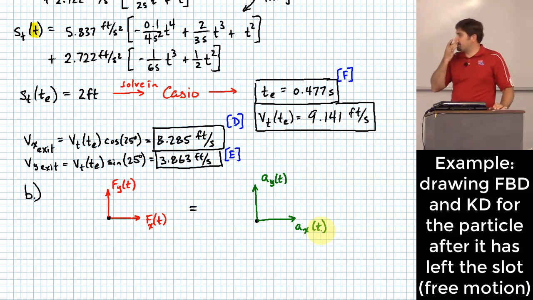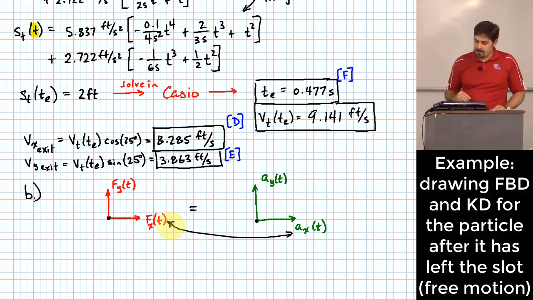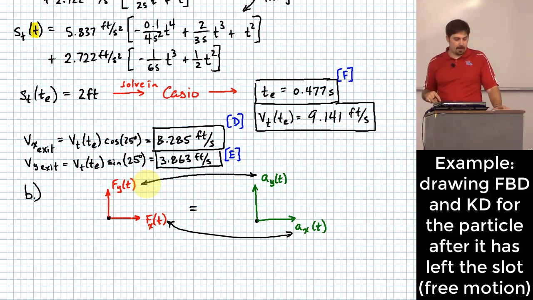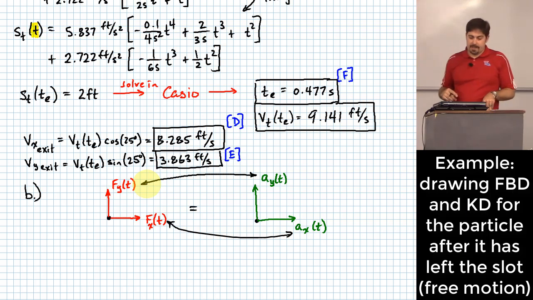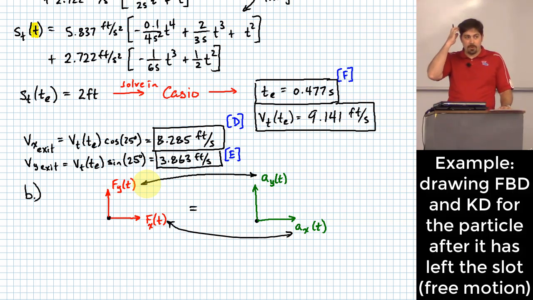But the nice thing about this is that I can relate my forces in the x direction with my acceleration in the x direction, and my force in the y direction with my acceleration in the y direction. Okay? So again, that's not very interesting, but it's a good idea to probably put what you know down on your free body diagram as well as on your kinetic diagram.